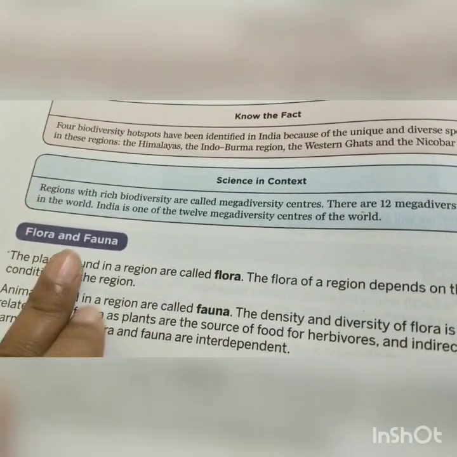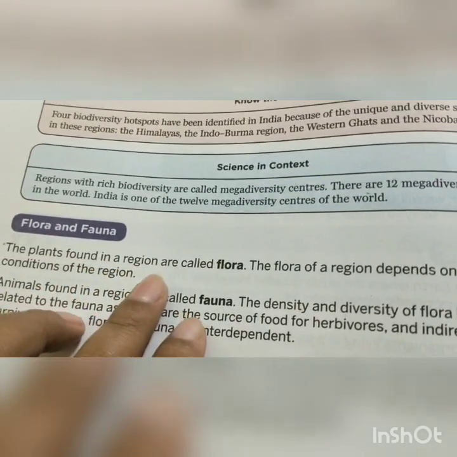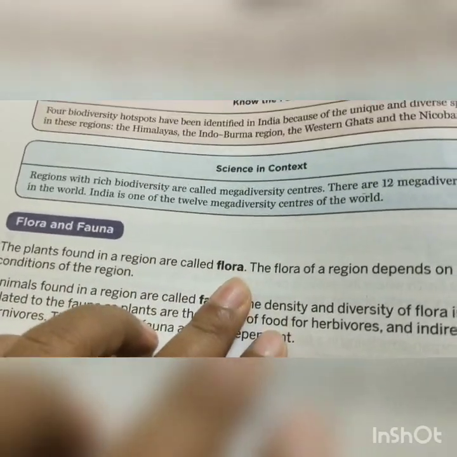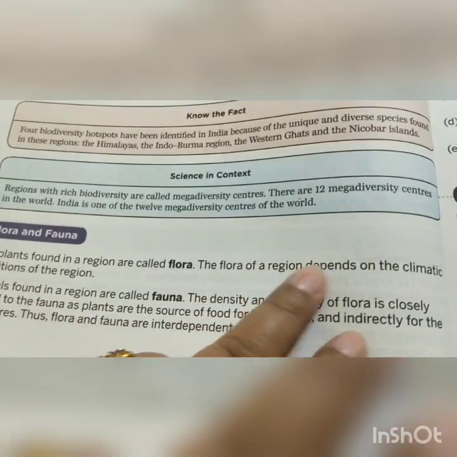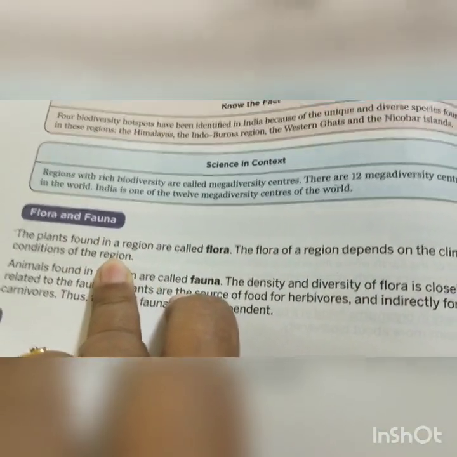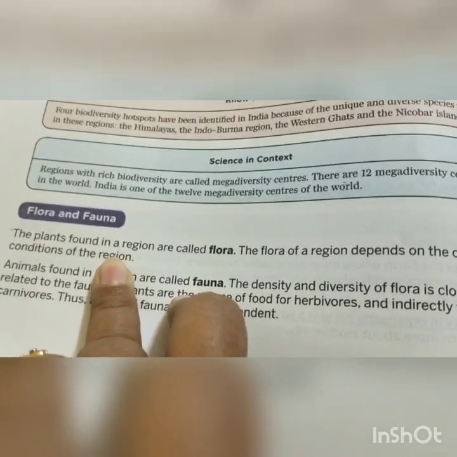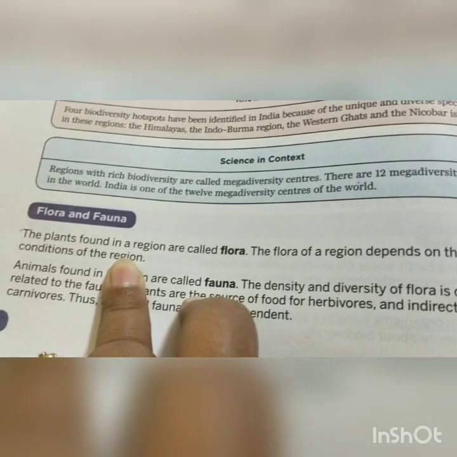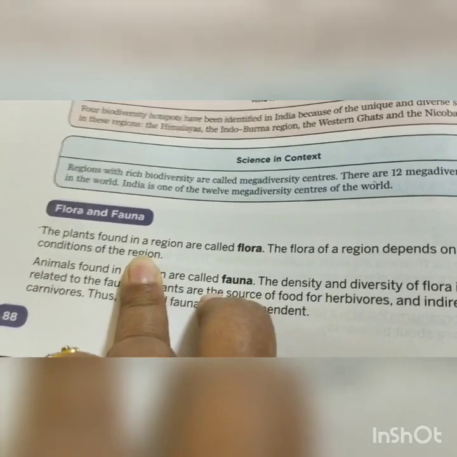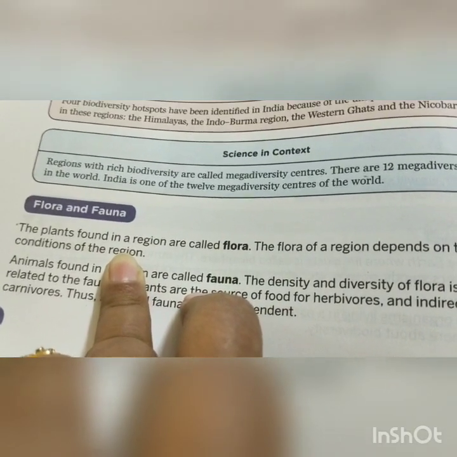Next is flora and fauna. The plants found in a region are called flora. The flora of a region depends on the climatic condition of the region. So what is flora? Flora is the plants which are found in a particular region. Suppose some plants you will get in some region but not everywhere.